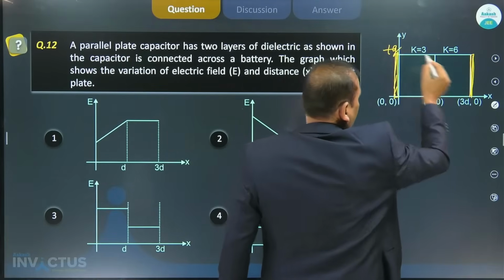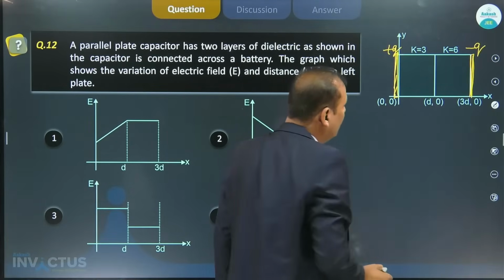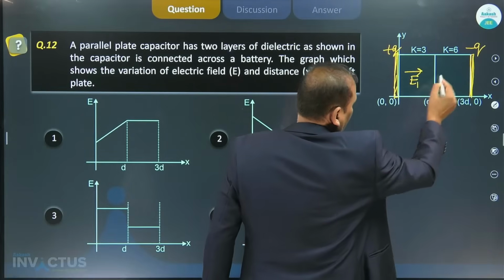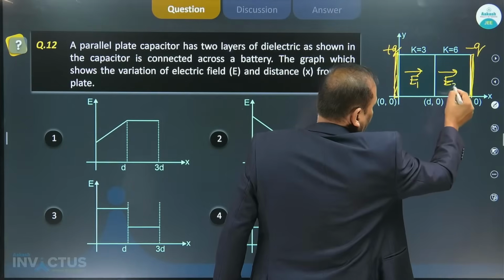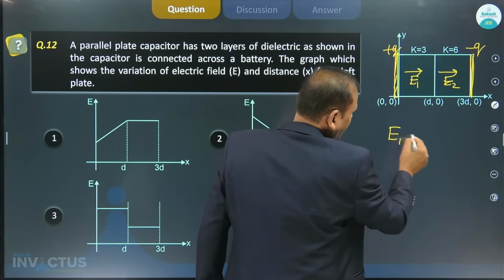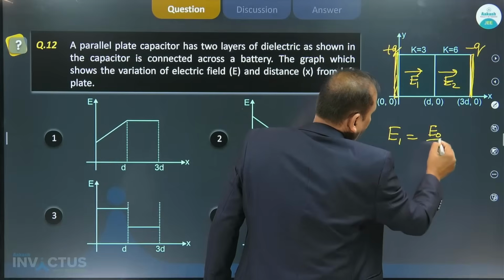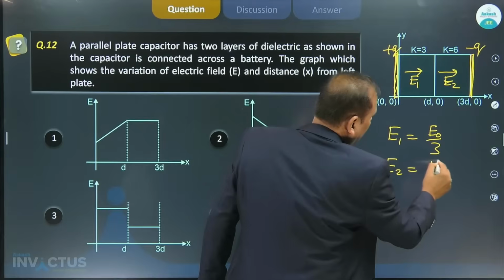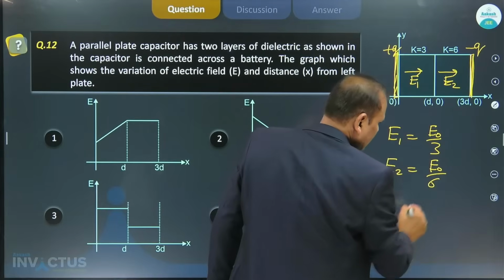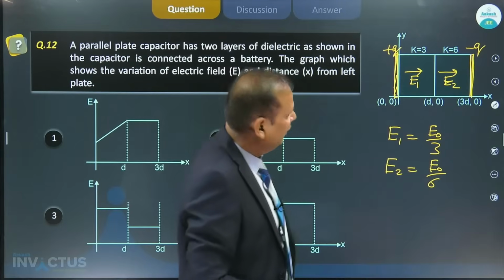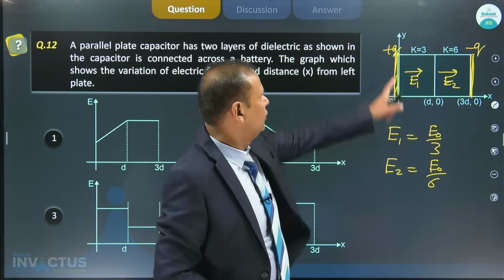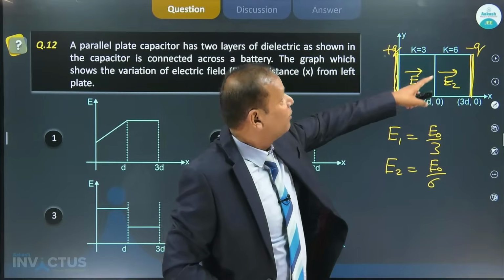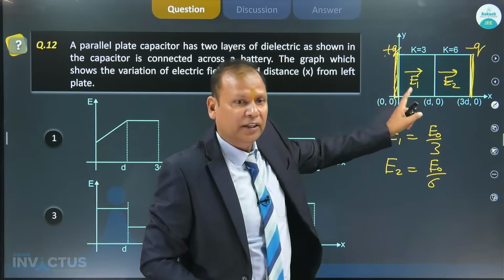This is plus q charge, minus q charge. So here field is E1, here field is E2. E1 is equal to E0 by 3 and E2 is equal to E0 by 6, where E0 is the field due to charges on the plate only. That is, in the absence of dielectric, field is E0.